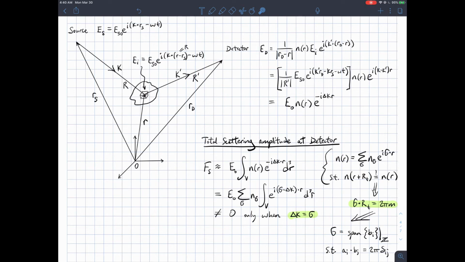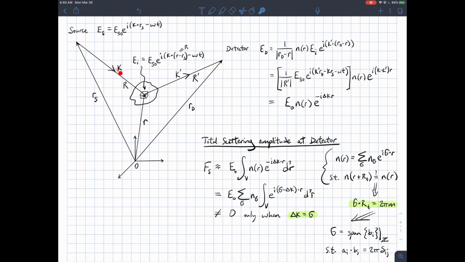And it's defined by this R, this RS vector from this arbitrarily chosen origin. I could have put this origin anywhere. And this would have been a plane wave with respect to that origin.